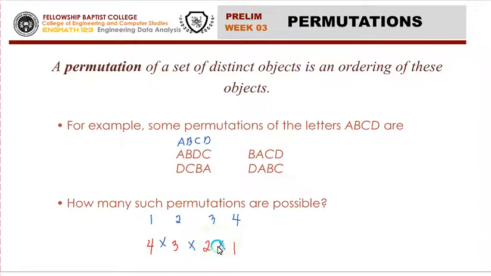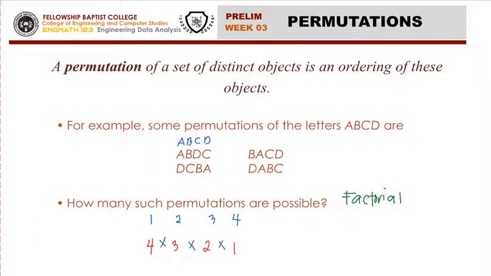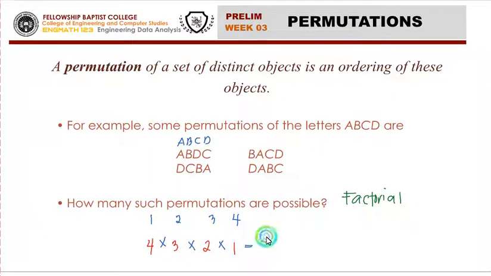So how many permutations are there? To get the number of permutations, we are using another algebraic mathematical operation called factorial. So we have 4 factorial.